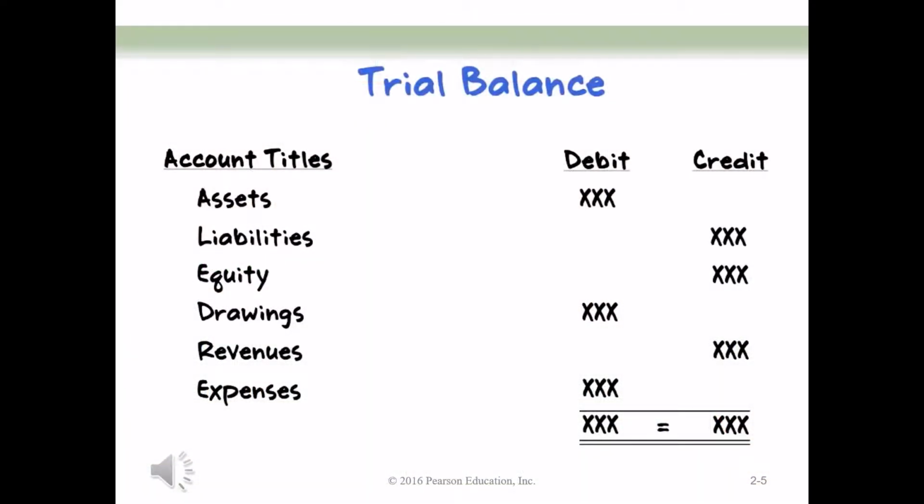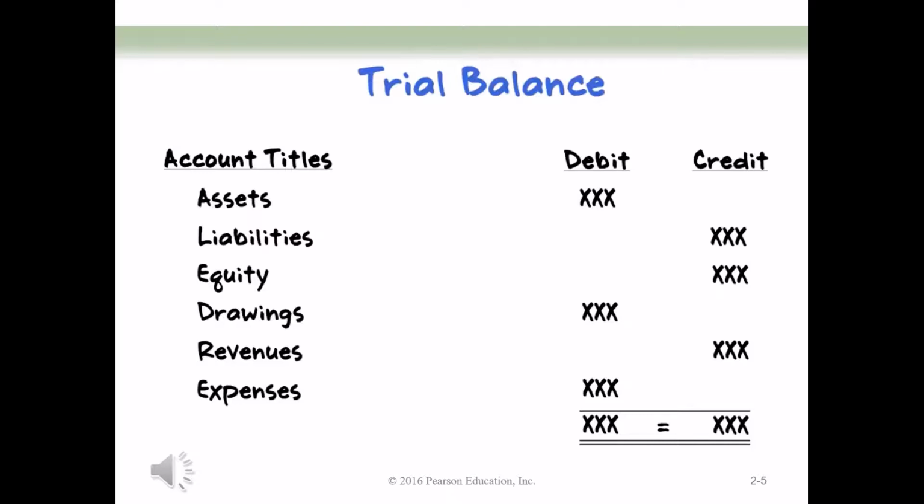Here's an example trial balance that shows the normal balance for each one of the account categories. As you can see, the first 3 account categories are the same categories that we have in our accounting equation: assets, liabilities, and equity. So here equity is more like the capital account, and within equity we also have the 3 account categories that follow.